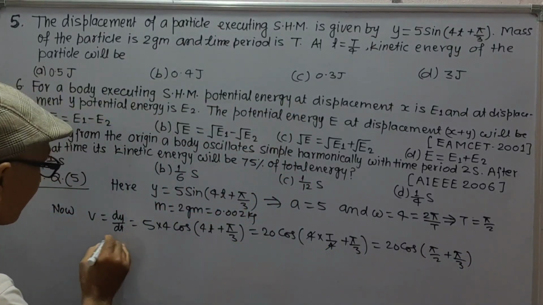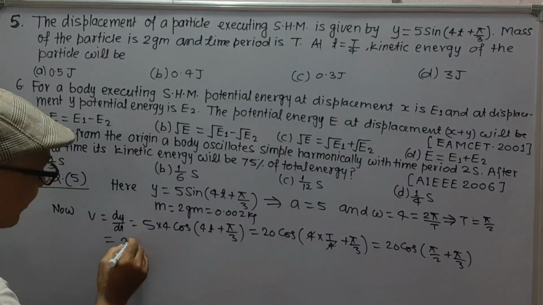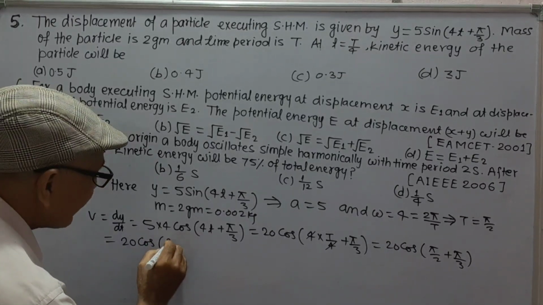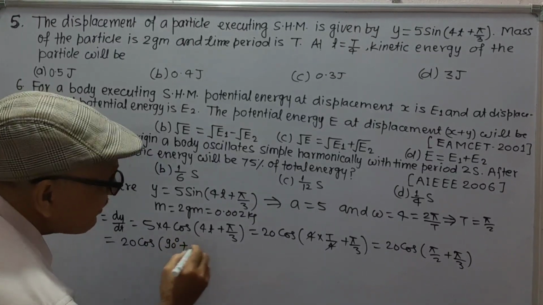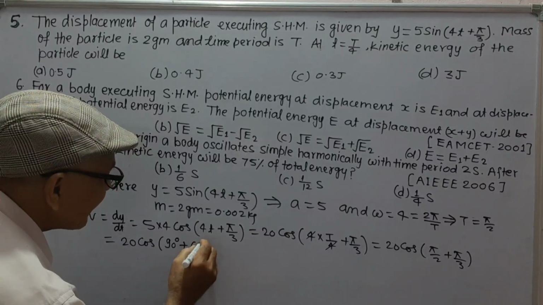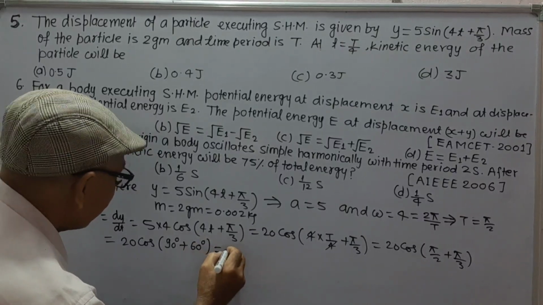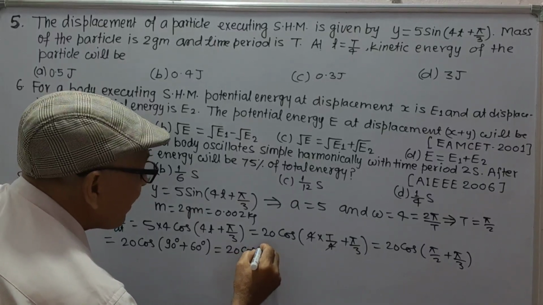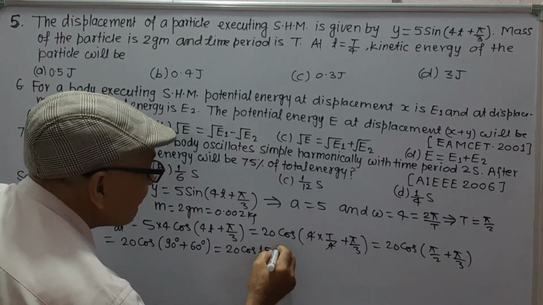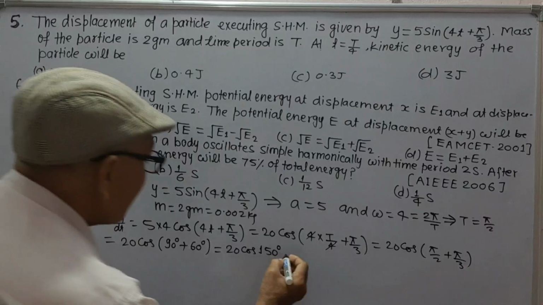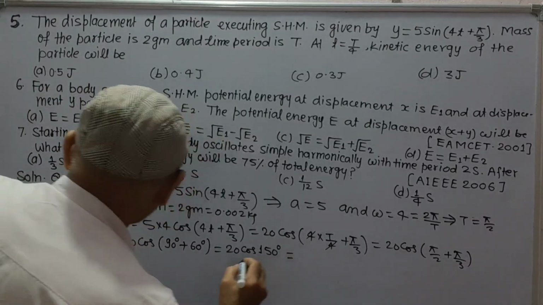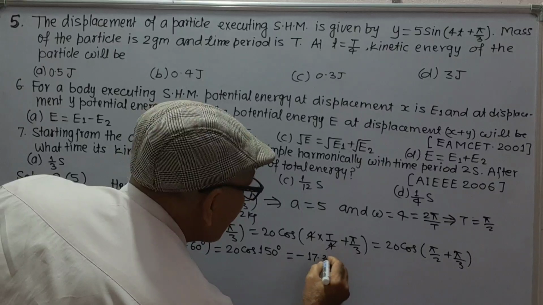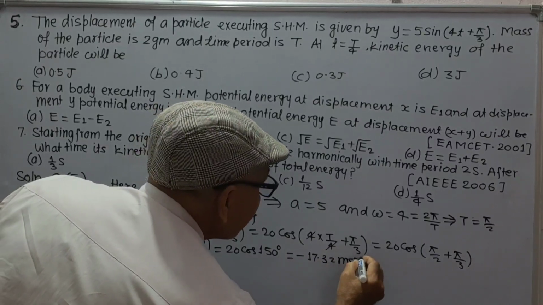So it gives 20 cos, pi by 2 is 90 degree and pi by 3 is 60 degree, so it gives 20 cos 150 degree. So velocity comes to be minus 17.32 meter per second.